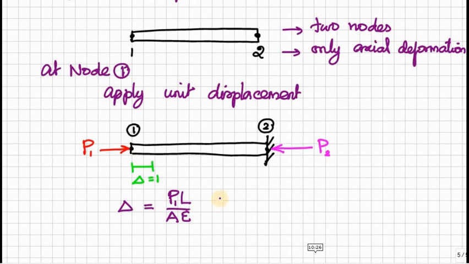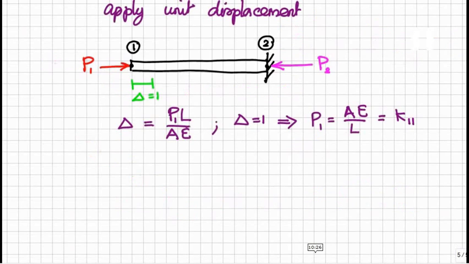Therefore, at 1, because we are applying P1 force, delta is equal to P1 L divided by AE. Since delta is equal to 1, we get the force required to produce unit displacement at node 1. That is P1 is equal to AE by L.